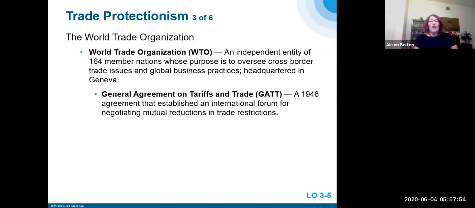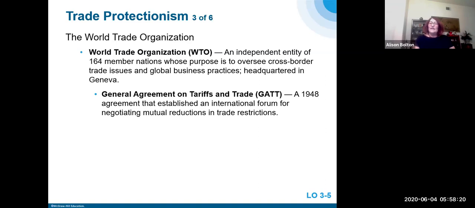If you have a problem with a product, with a company you're working with, let's say in getting some business done, you go to the World Trade Organization and they can help you. But you got to make sure that you also understand the tariffs that may be involved and trade with GATT. It's called the General Agreement on Tariffs and Trade, GATT.